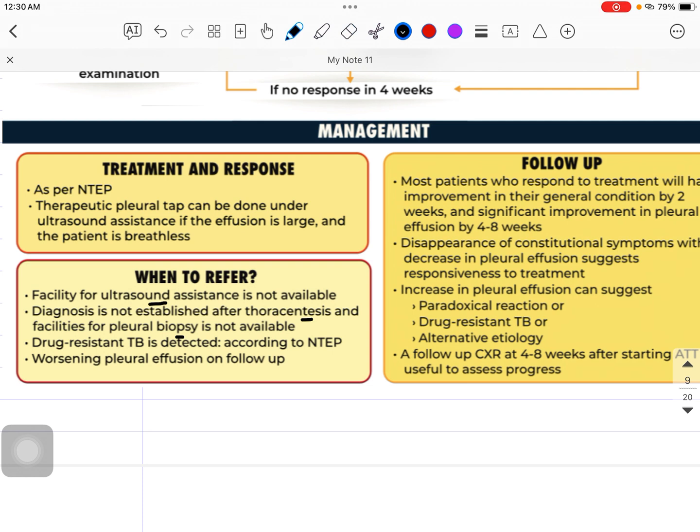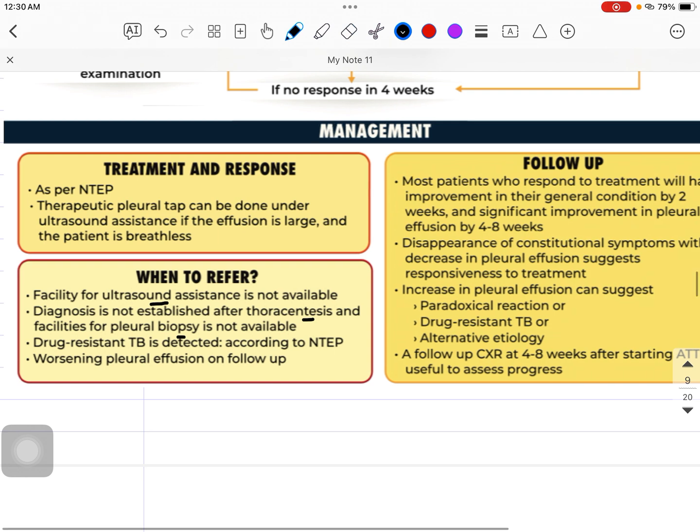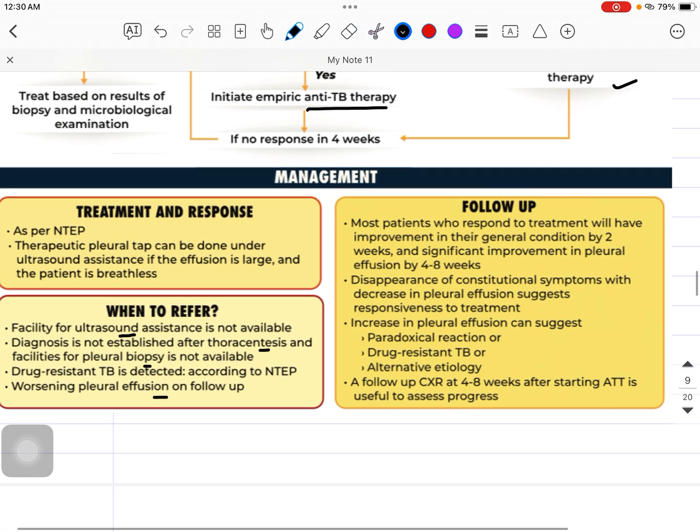So if the patient is not responding to your treatment, you should keep one differential diagnosis in your mind, that the patient might be resistant to your current treatment regimen. So drug resistant TB can also be there, right? If the pleural effusion is worsening on follow up and the patient is getting worse, you should refer this patient if you don't have many facilities at your hospital.